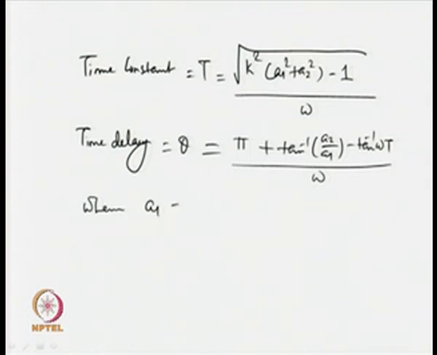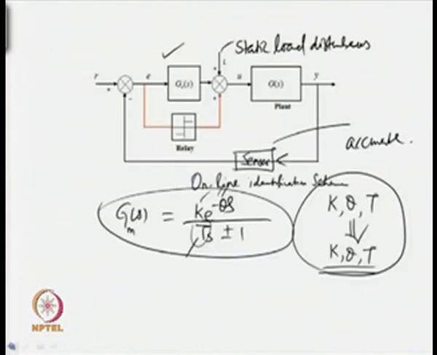Now, again A1 is given by 4h by pi a plus the parameters of the controller will come into picture. So, depending on different types of controller, we will have different types of expression. So, this is for the first order plus dead time model.